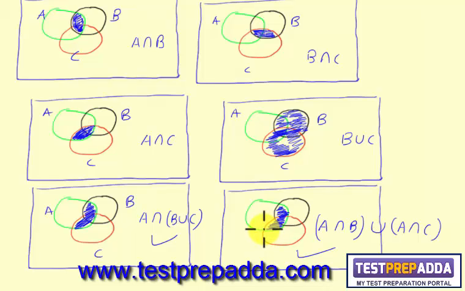So what can we say? A intersection (B union C) is equal to (A intersection B) union (A intersection C). So this is distributive law.